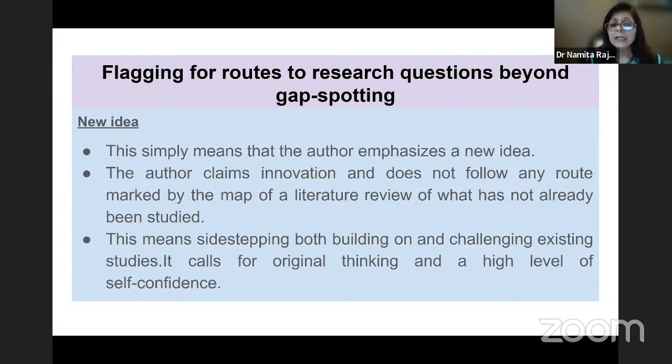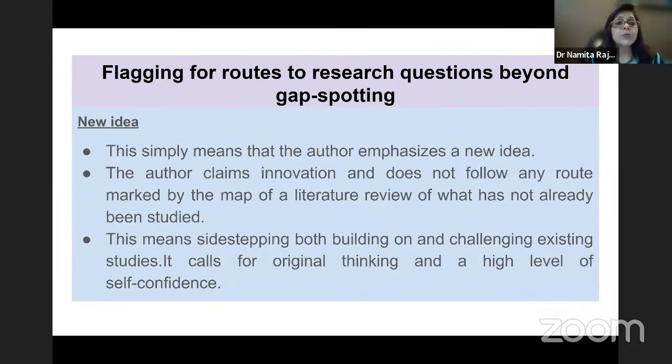This means sidestepping, both building and challenging the existing studies. It calls for original thinking, a high level of confidence, and deep knowledge. So increase your domain knowledge, and find out something which is super, which is new, which is contradictory, which is critical, which is problematic.